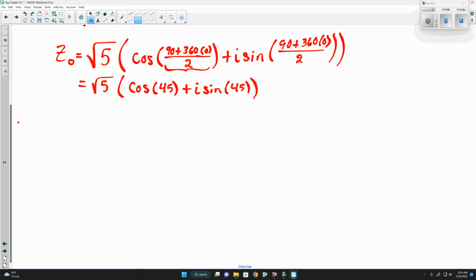Now, for the homework, we're going to need to take it one step further and actually find out what these are. Well, cosine of 45 is square root 2 over 2. That's nice. It's one of our ones from the unit circle. Sine of 45 is square root 2 over 2 i.